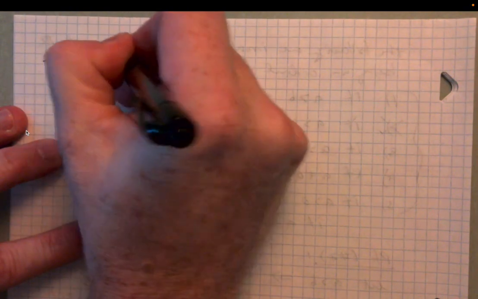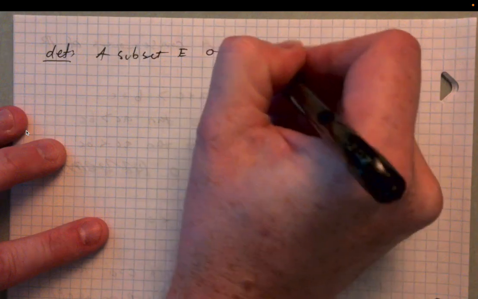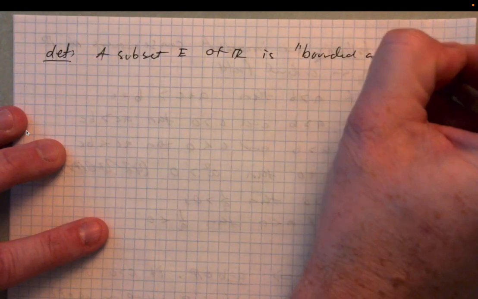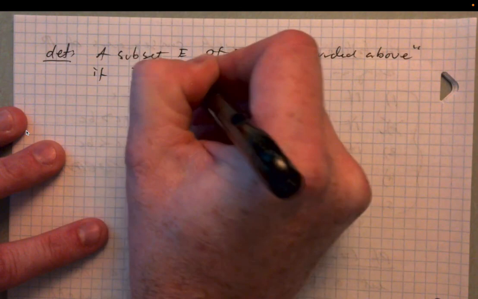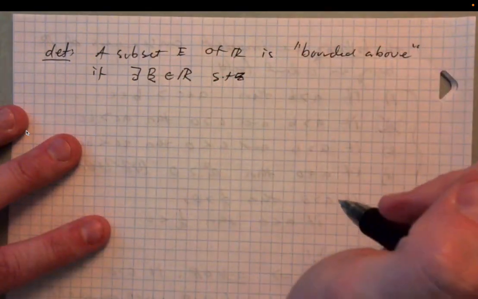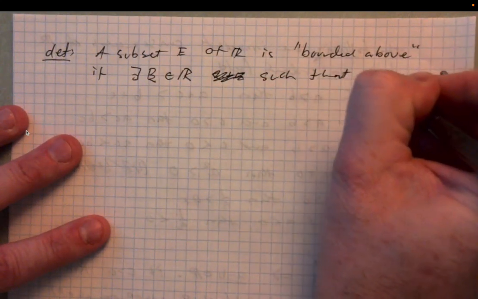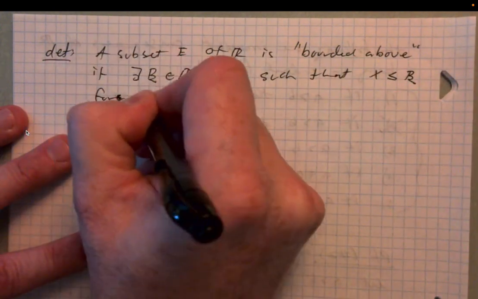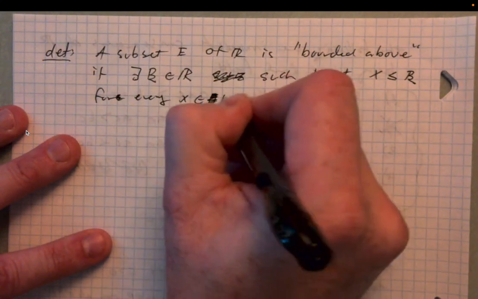A subset E of R is bounded above if there exists a beta in R such that x is less than or equal to beta for every x in E. So for every x in E.